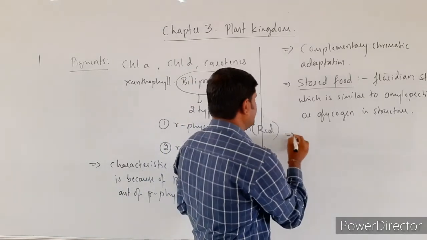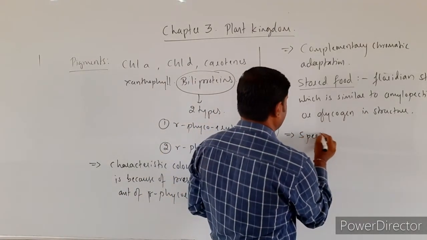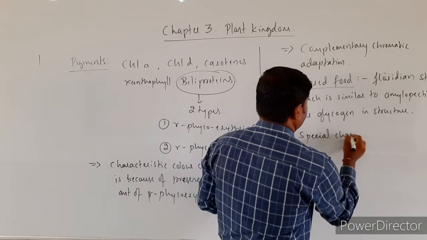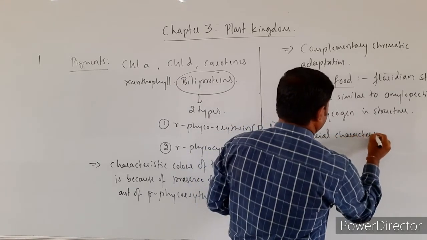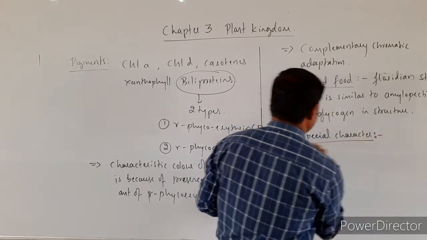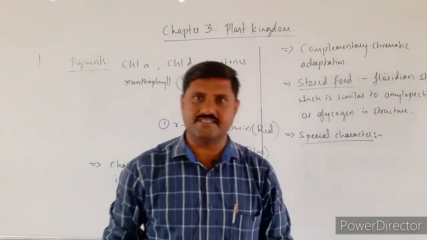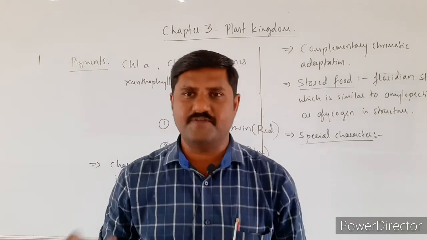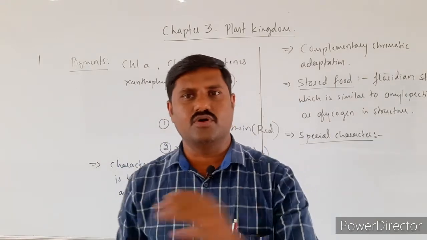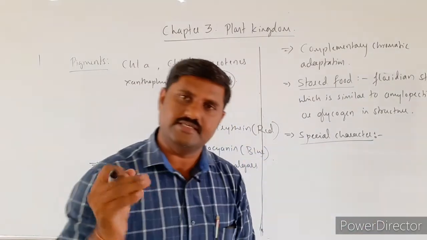And apart from this one, there is a special character. What is the special character which is seen in these kind of algae? The special characteristic feature of these algae is there are no flagella provided, there are no locomotory organs provided in these algae.